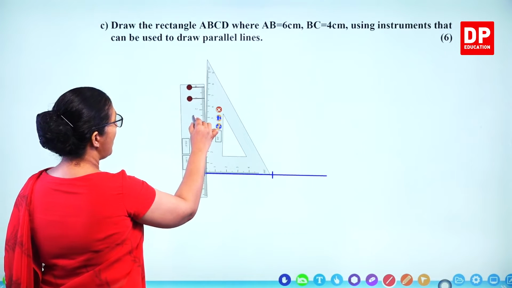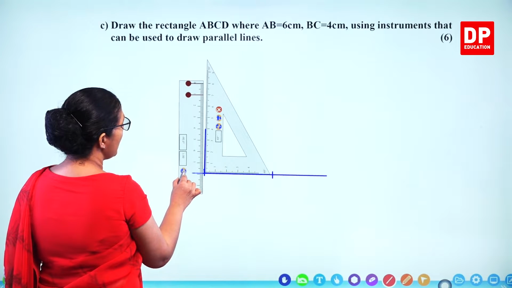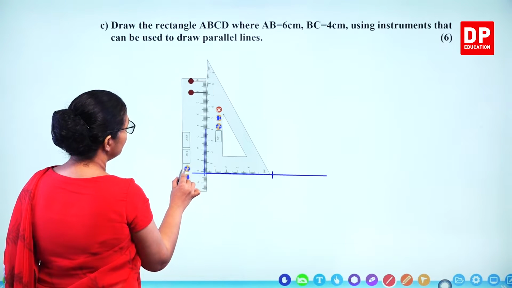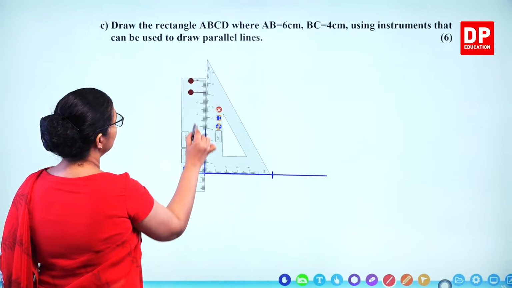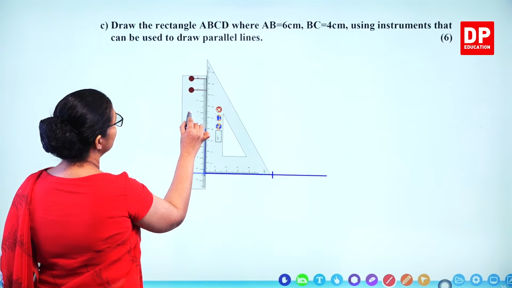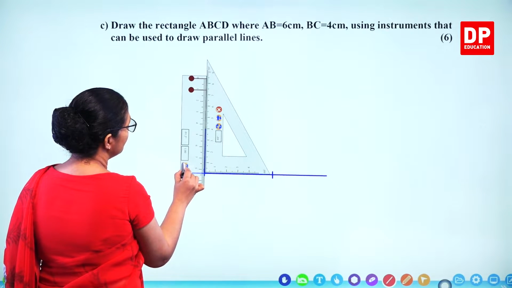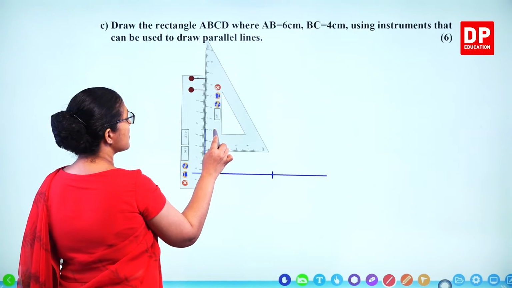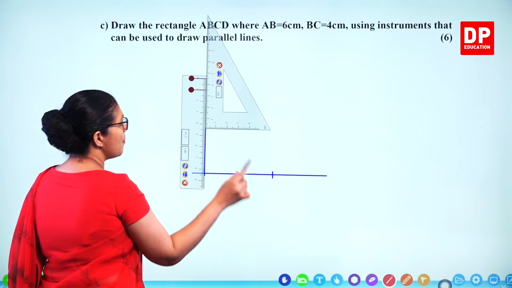Now we need to draw a parallel line. How you draw a parallel line? We can keep the ruler and you can drag this set square up to this point and draw the parallel line.